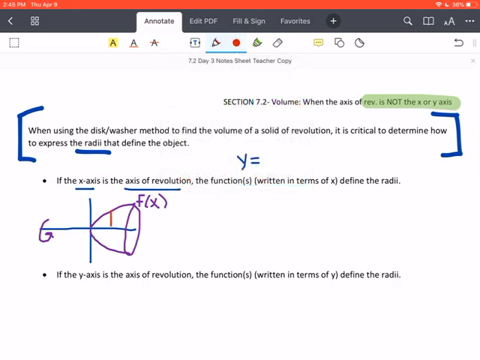The radius, we draw as the rectangle that is perpendicular to the axis of revolution. Okay, so what is the height of that rectangle? The height of that rectangle, because it is drawn to the x-axis, is simply defined by whatever the function is.